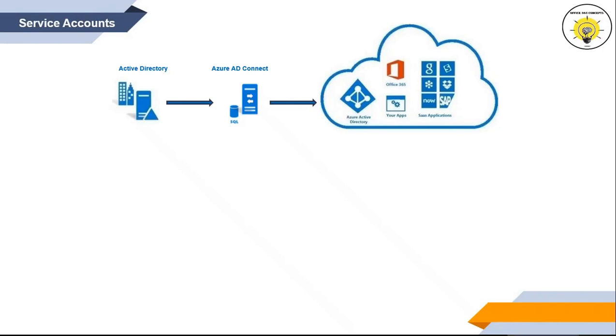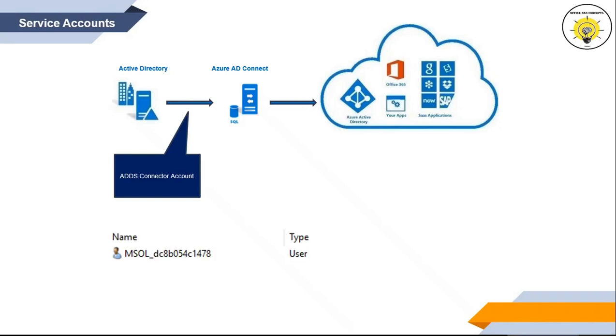Azure AD Connect tool uses three accounts in order to synchronize information from on-premise Active Directory to Azure Active Directory. The first account is ADDS connector account or Active Directory Domain Services connector account. When we install Azure AD Connect with Express installation settings, it creates an account in Active Directory that is used for synchronization.